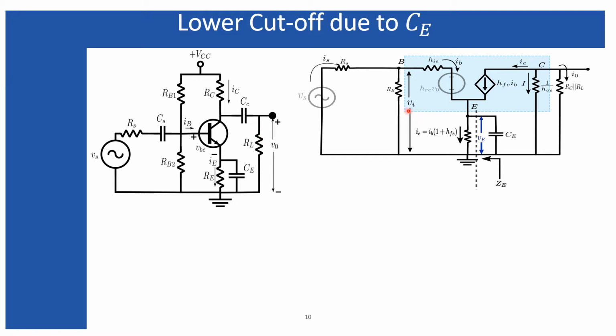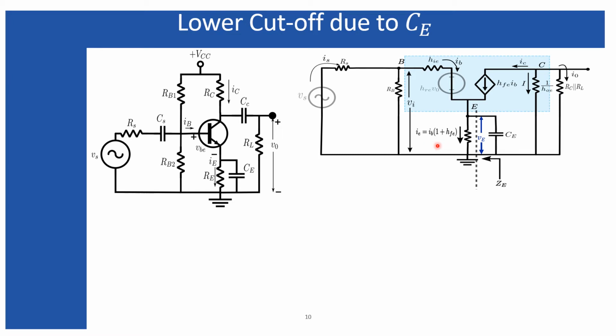In the general case, when I have considered the amplifier, the voltage divider circuit, I have shown you that the current IB which flows from the base terminal enters into the emitter terminal, and similarly this IC, which is equal to the hFE times IB, also flows through the collector terminal and enters into the emitter terminal. And these two currents define the emitter current, because from the fundamental equation of the BJT we know emitter current is equal to the base current plus the collector current.